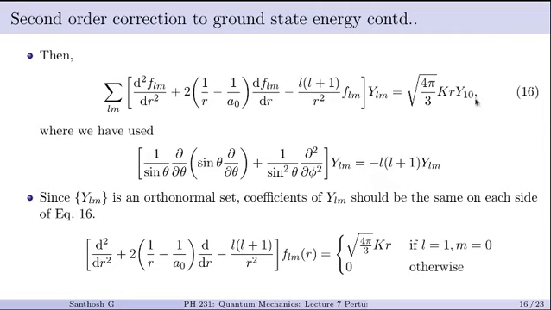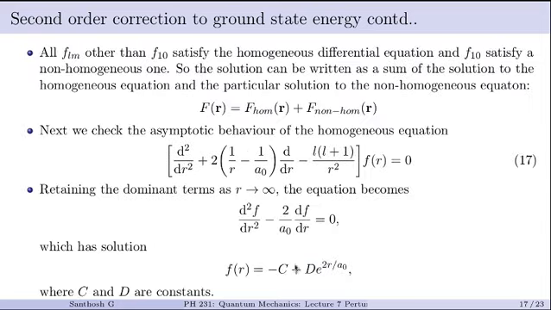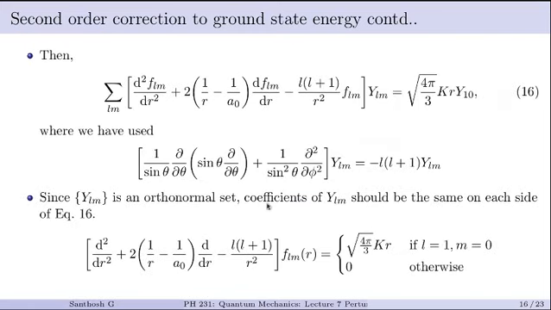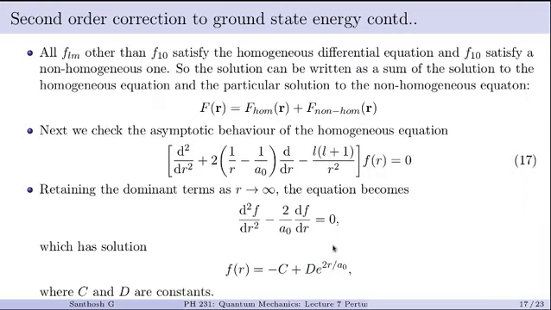When lm is equal to 10, the coefficient is given by this. So these square brackets are equal to square root of 4 pi by 3 times k r if L is equal to 1 and m is equal to 0, and 0 otherwise. So all f lm other than f 10 satisfy the homogeneous equation, and only f 10 satisfies the inhomogeneous equation.